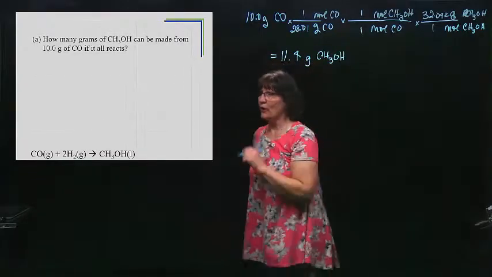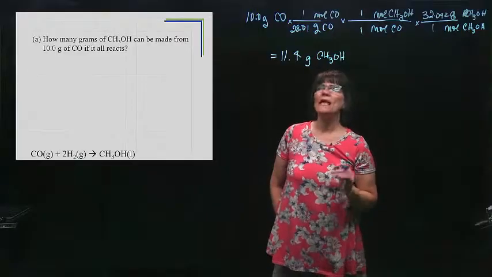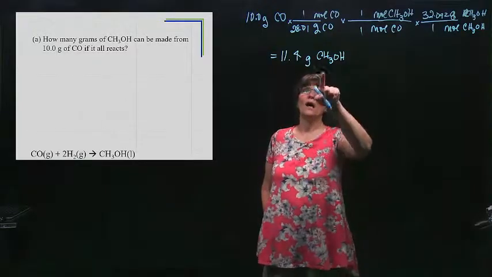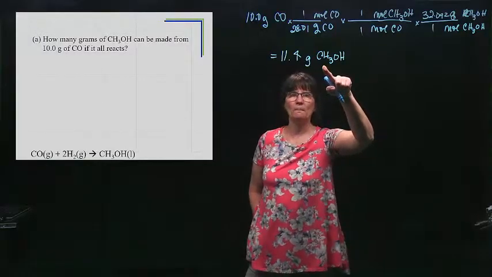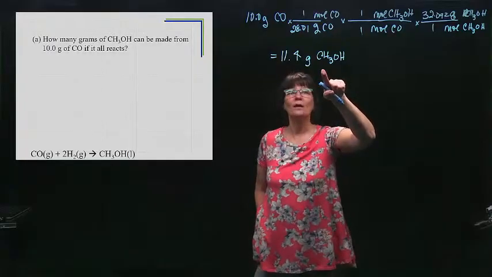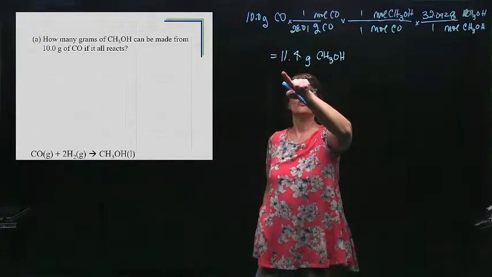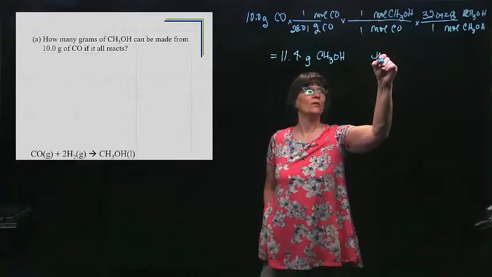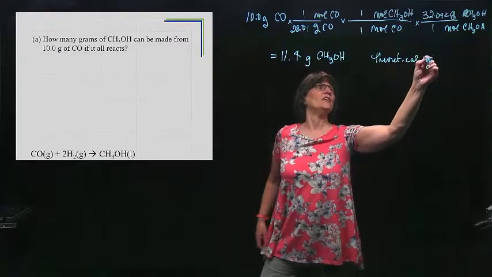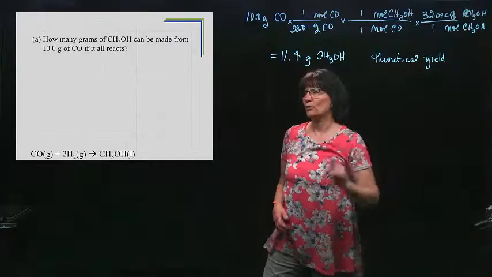Now, how could this question have been worded differently? It could have said, calculate the theoretical yield of CH3OH. Calculating the theoretical yield means how much formed, calculated-wise. Okay, so I have calculated the theoretical yield. It meets the definition of theoretical yield.